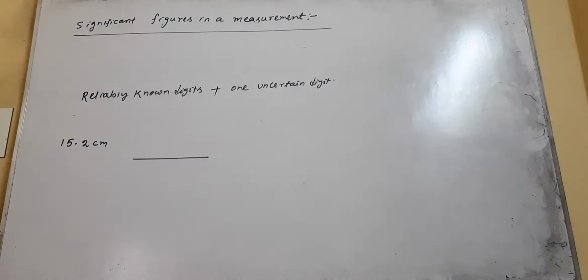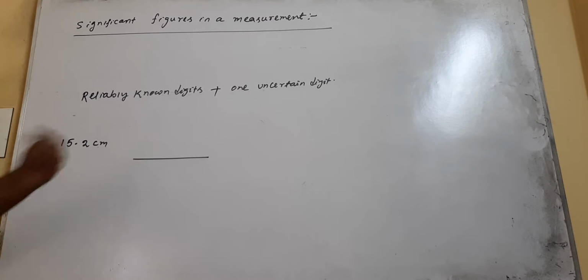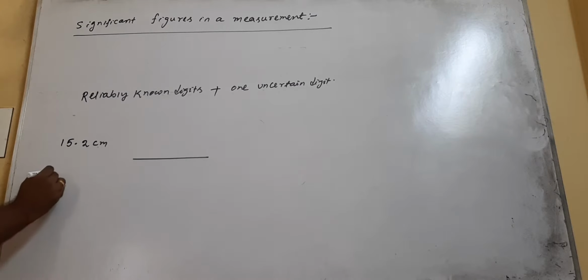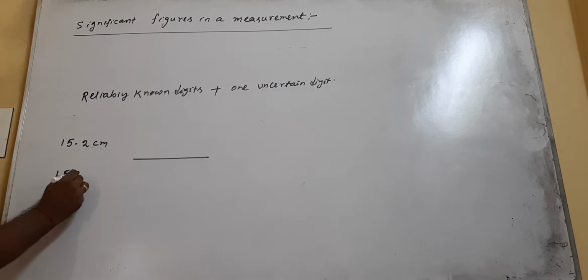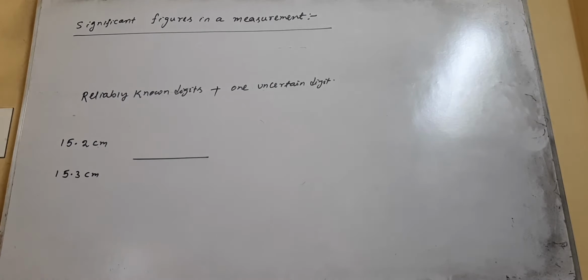For this, if you ask another student to measure this, definitely he will measure 15. Then whether the third digit is 1 or 2 or 3, that depends upon the instrument or the measuring scale or the student. So let it be 15.3 centimeter.